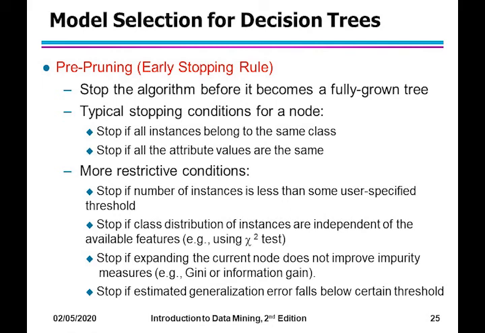Stop if expanding the current node does not improve impurity measures. 지니나 information gain을 사용해서 얻는 것이 없을 때 스톱할 수 있습니다. Stop if estimated generalization error falls below certain threshold. generalization error가 threshold보다 작을 때 스톱합니다.